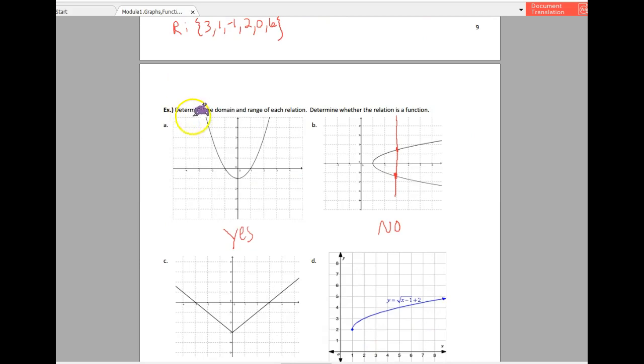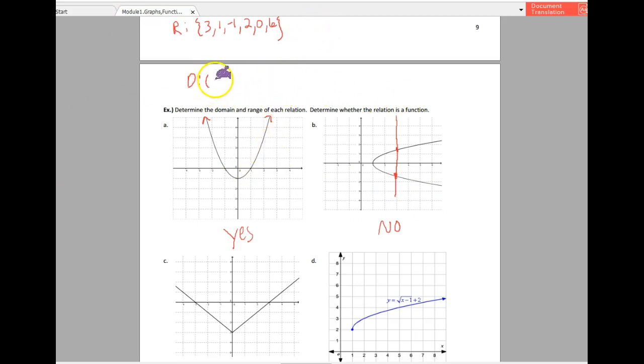Okay, so here I have an x squared function, quadratic, parabola, and I want to list the domain and range. So the domain, again, is how far left and right. If I imagine this picture continuing left and right forever, it's going to get wider and wider and wider, so it's going to go left forever and go right forever.